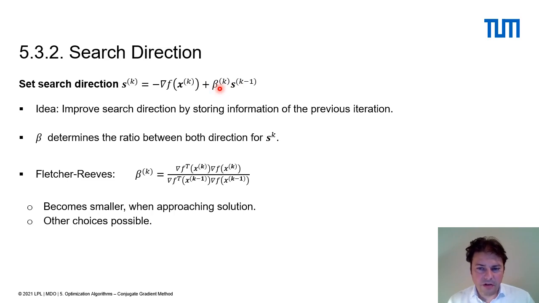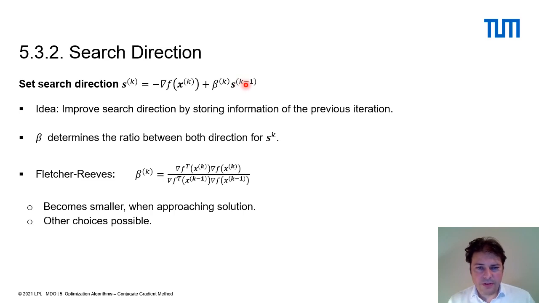If beta is 0, then you're left with what we had before, the steepest descent method. And the larger beta is, the more the former search direction will have influence, and the slower a change of search direction will take place, and the more zigzagging will be prevented.